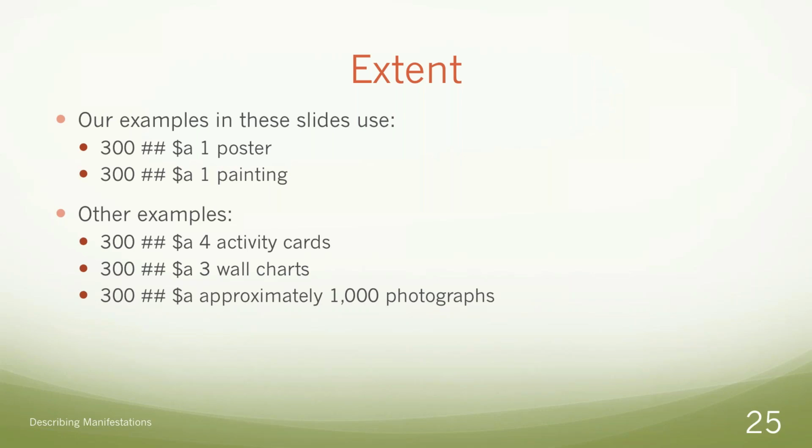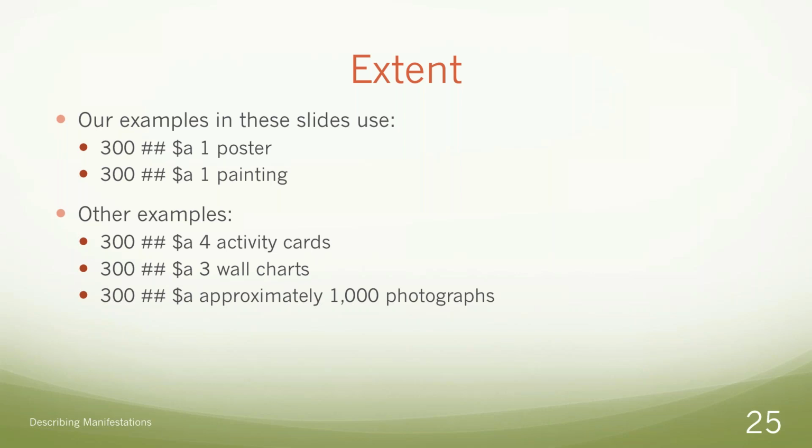Here are some other examples that you might find: 4 activity cards, 3 wall charts, so however many you have, and then the term that's most appropriate. If you cannot in some way ascertain the exact number, you can certainly approximate, and then you would just use the word approximately, 1,000 photographs as an example.